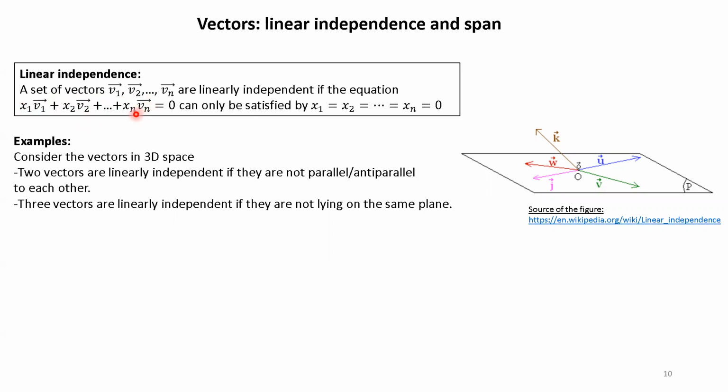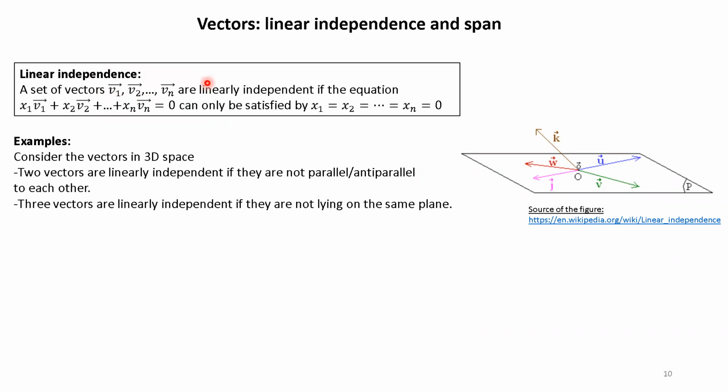And if you find that the sum of these n terms is 0 only when you put all these coefficients to be 0, then that means they are a linearly independent set.